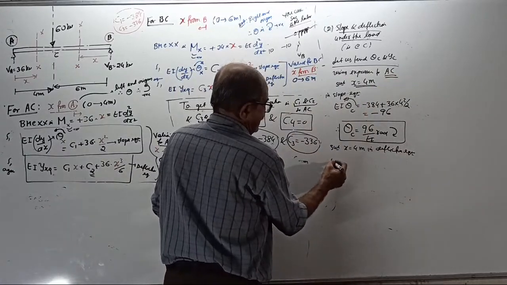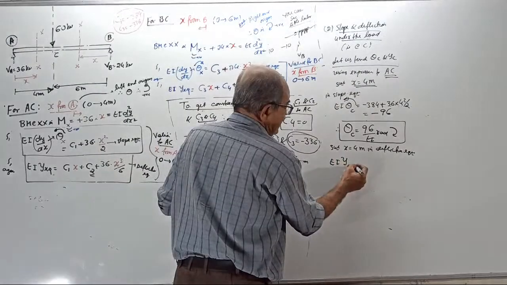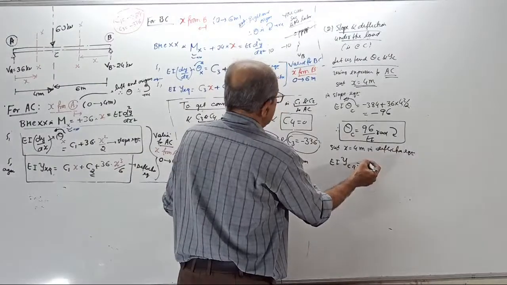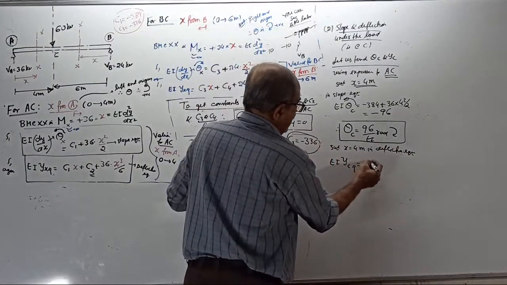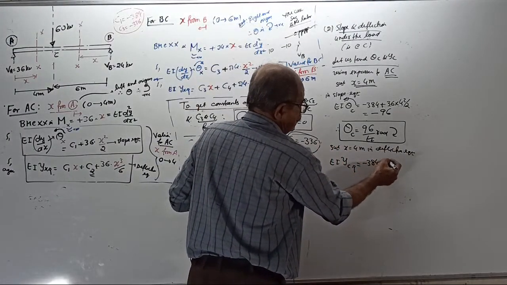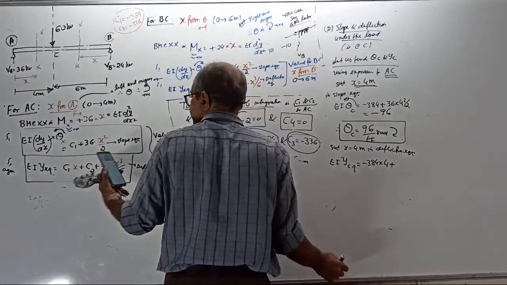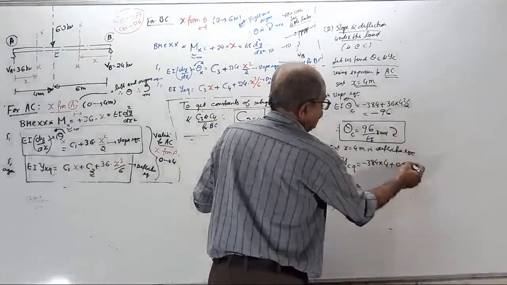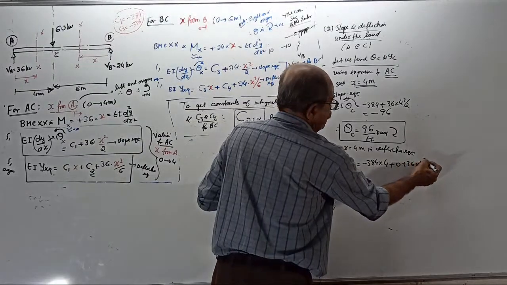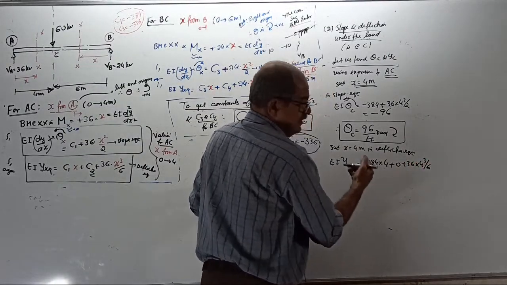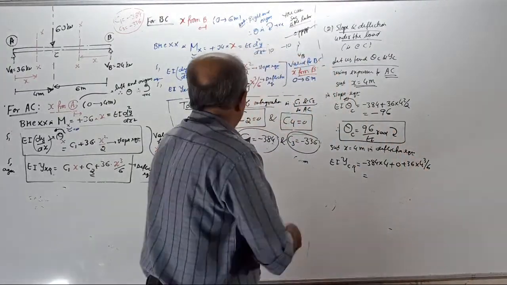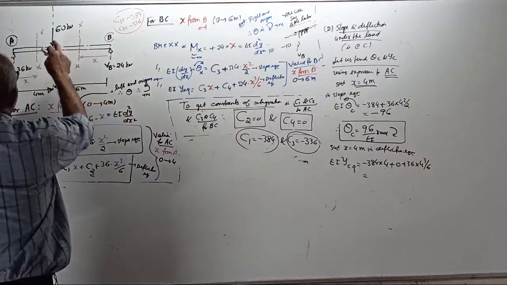EI yC upward equals C1 into x, where C1 is minus 384 into 4, plus C2 which is 0, plus 36 into 4 cube by 6.